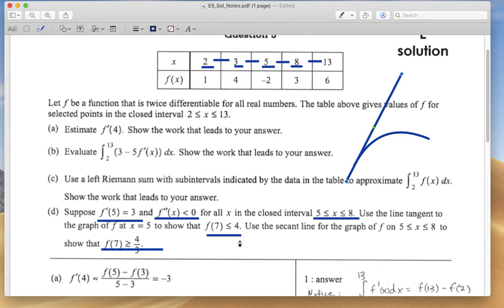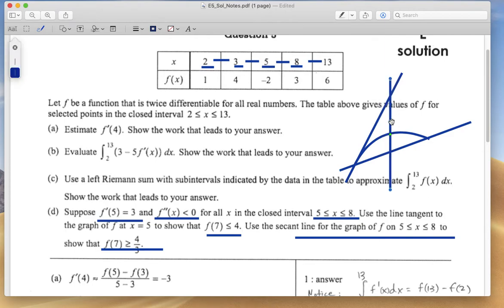Now what about the secant line business? I've got a secant line that connects 5 and 8 on the graph. Here's 5, there's x equals 8, so I've got a secant line that, let's say, is right there. So here's f, there's the tangent line, there's the secant line. This is x equals 5, this is x equals 8. x equals 7 is somewhere about there.